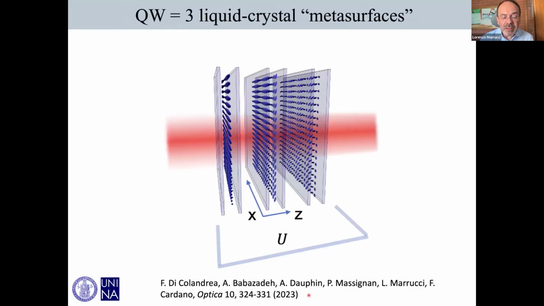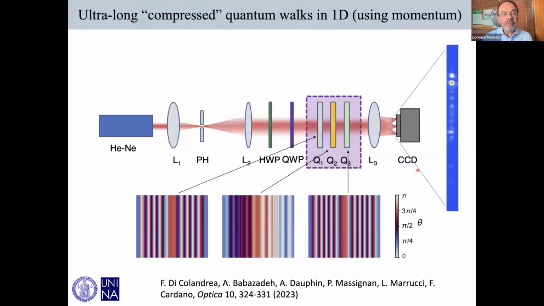And this was demonstrated in 2023 using, as I told you, 3 optical elements. The price that we pay is that these optical elements are no longer simple gratings, they are much more complex in structure. So, for example, this is the layout of our setup of the experiment published in 2023.